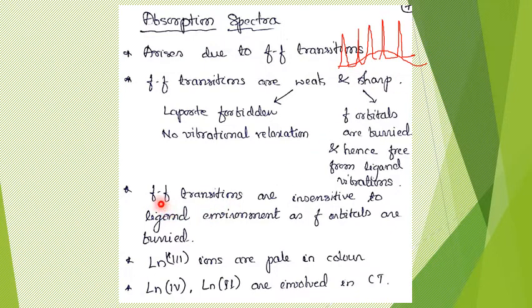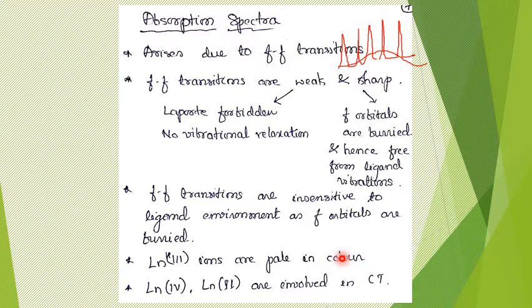Fine. Next, f-f transitions are insensitive to ligand environment. This point has been mentioned because ligands will not be affecting f orbitals much. Therefore, f-f transitions are insensitive to ligand environments. Again, the reason being the same, f orbitals being buried, right? And because of all these reasons, these lanthanide 3+ ions or their corresponding solutions will be very pale in coloration. But sometimes intense coloration is also possible.